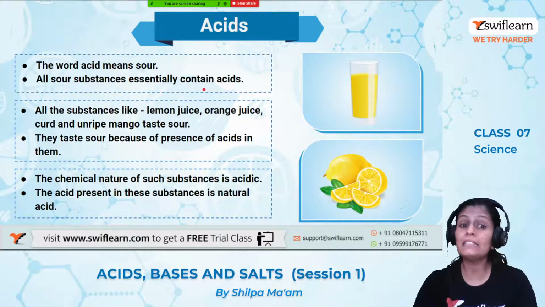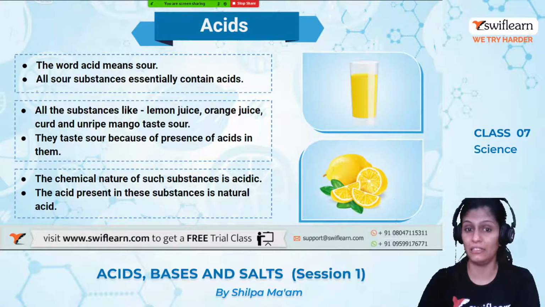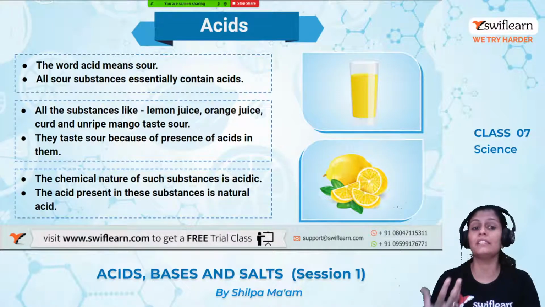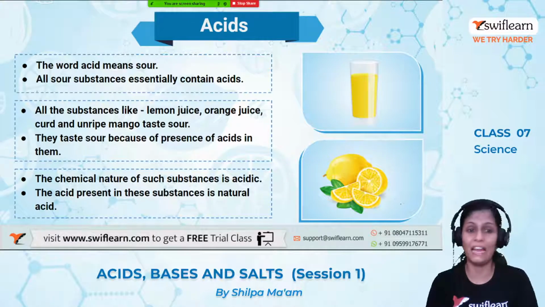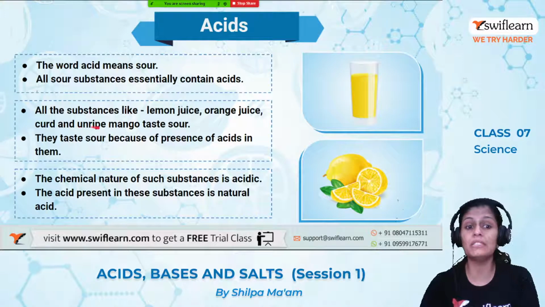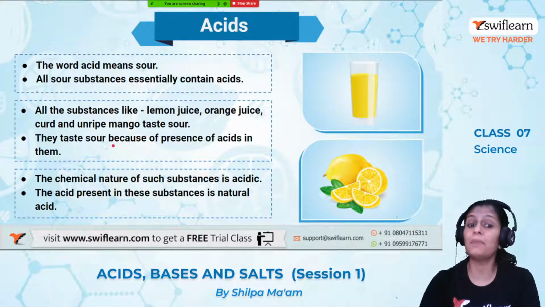If anything is tasting sour, that means it has acid in it. Examples are lemon juice, orange juice, curd, unripe mango, that is the mango which is not fully ripe, they all taste sour. They taste sour because they have the presence of acids in them.